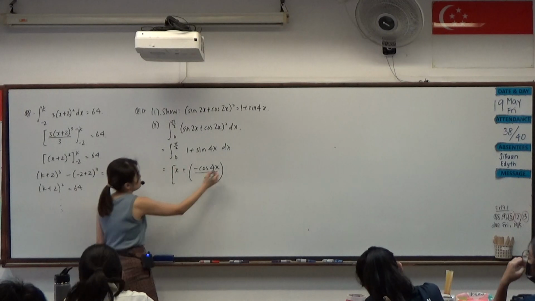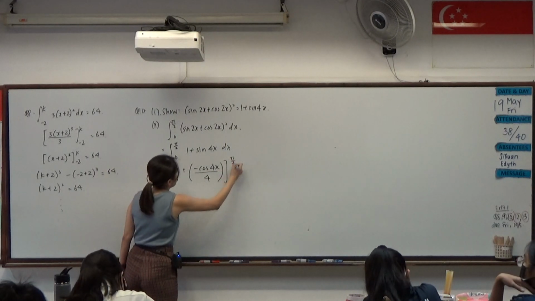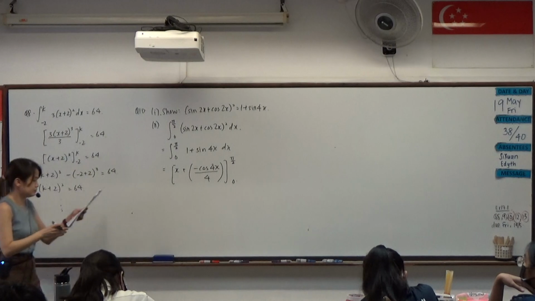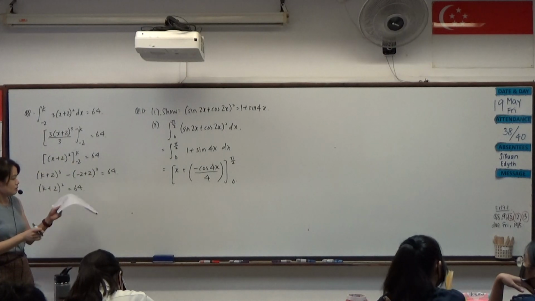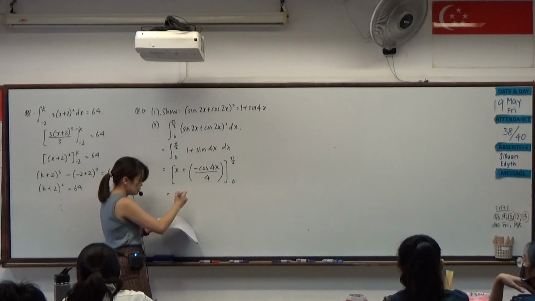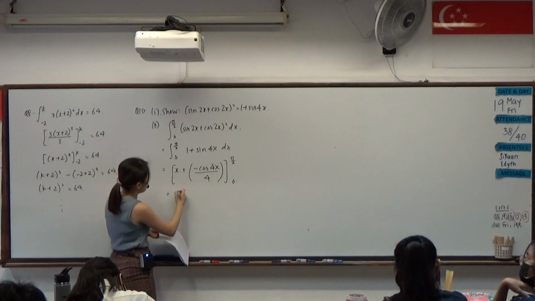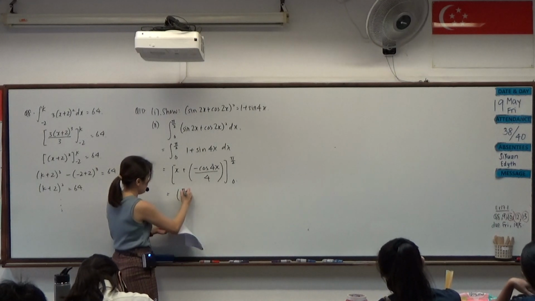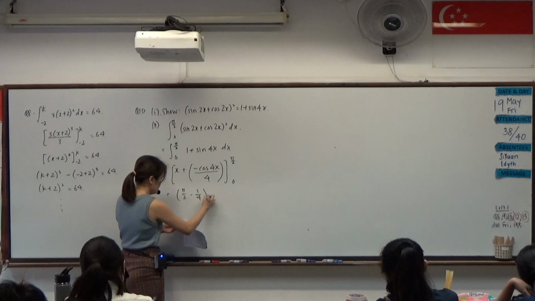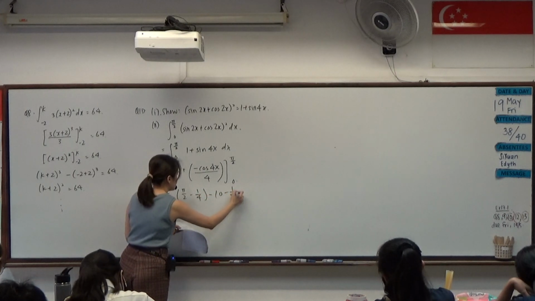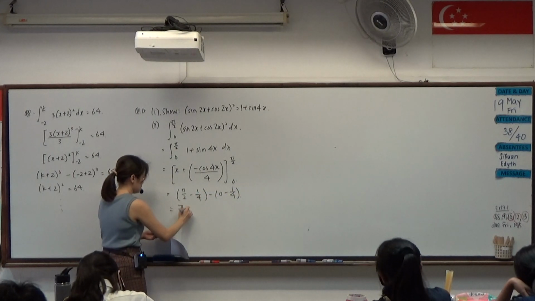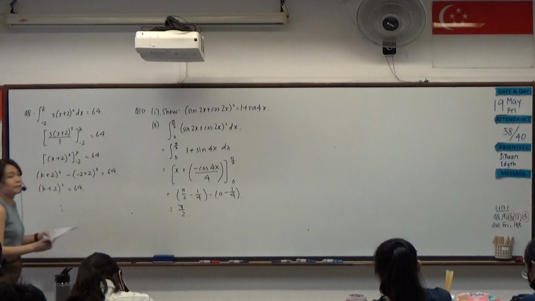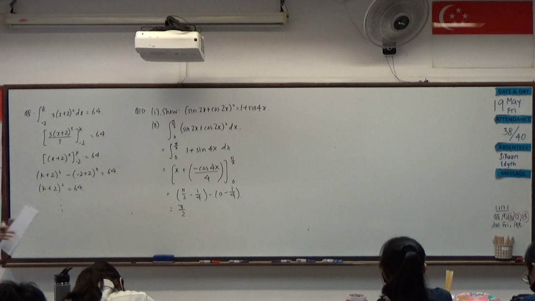Then bounded by 0 to pi over 2. You put in the values and you will get pi over 2 minus 1/4 minus 0 minus 1/4. Eventually you should get pi over 2.